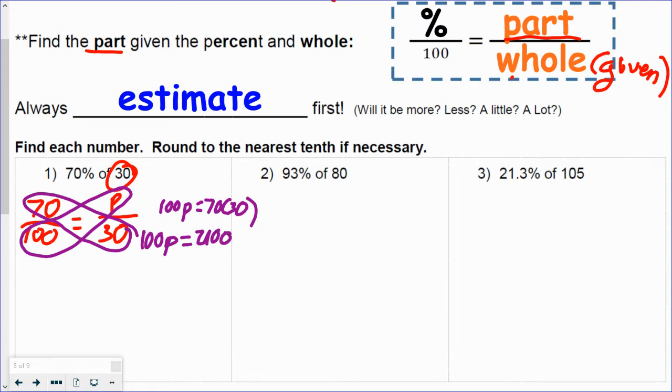That's a one-step equation. We know the opposite of multiplying by 100 is dividing by 100, and you can cancel those zeros. So I know that p equals 21. If we need to, we'll round to the nearest tenth today. So we're saying 70% of 30 is 21.